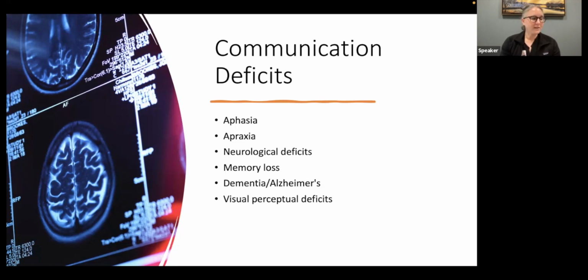We also have neurological deficits. Neurological deficits are generally defined by memory, visual spatial difficulties, attention, delayed memory, and verbal reasoning. So we test for those.